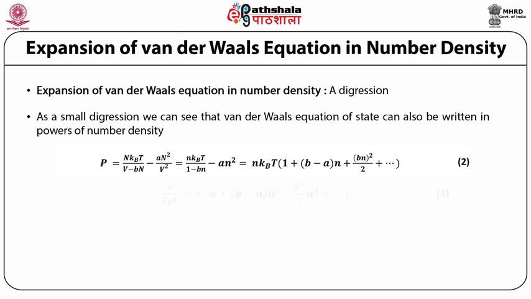That is, P upon kBT is equal to n plus (B minus A) times n square plus B square upon 2 times n cube plus so on.